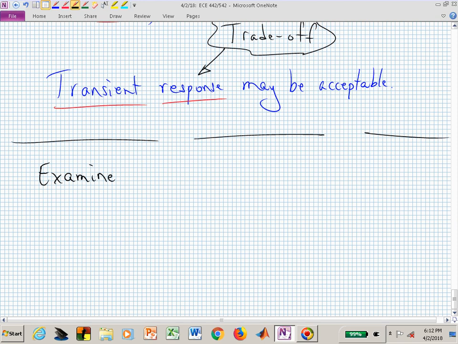Let's examine adjusting K a little more before we talk about a more complicated controller structure.